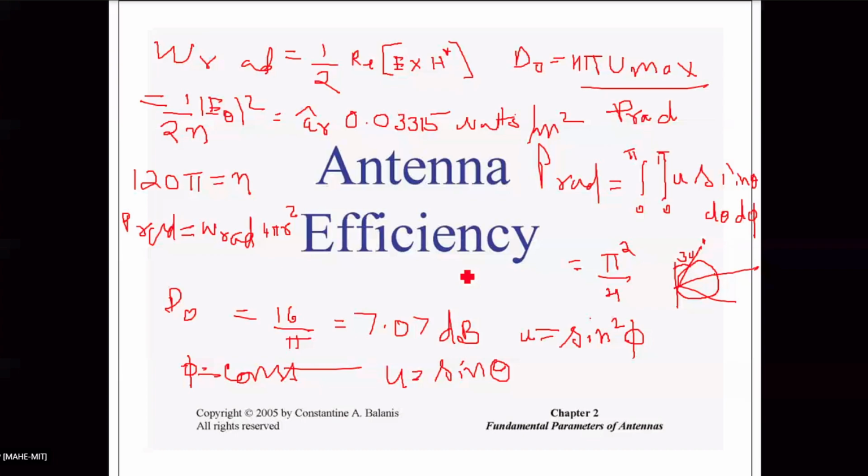First, he has given the radiated power, P rad, as 10 watts. Use the value of P rad to find B naught.